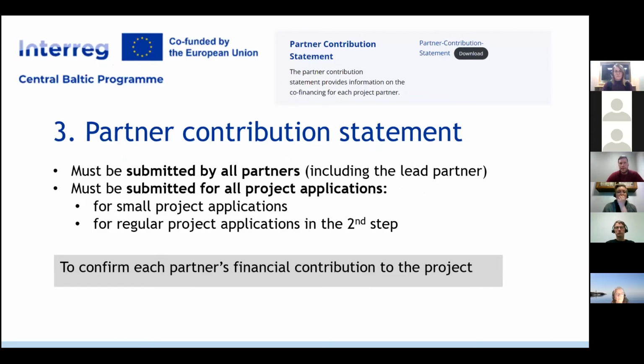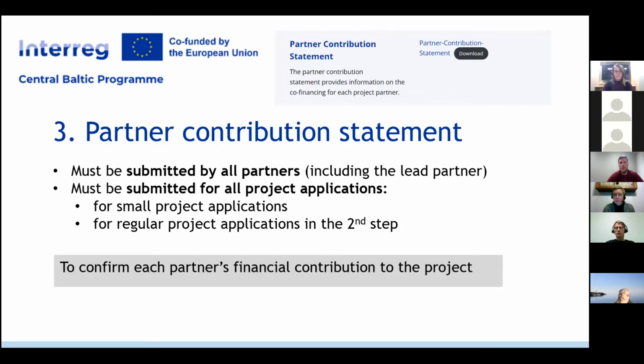The third document which should be submitted together with the application form is the partner contribution statement. And this document should be submitted by all project partners, including the lead partner, and for all project applications, whether that is a small project application or an application for a regular project.